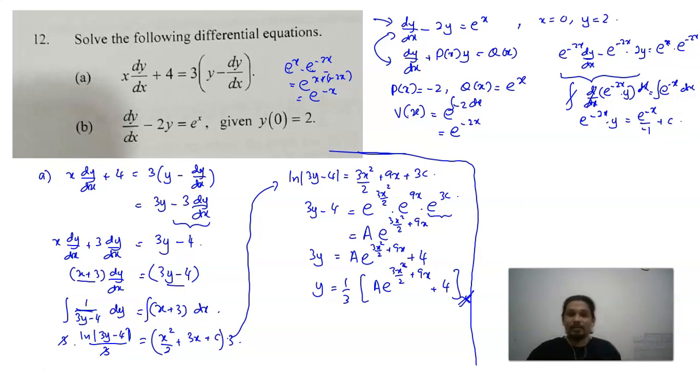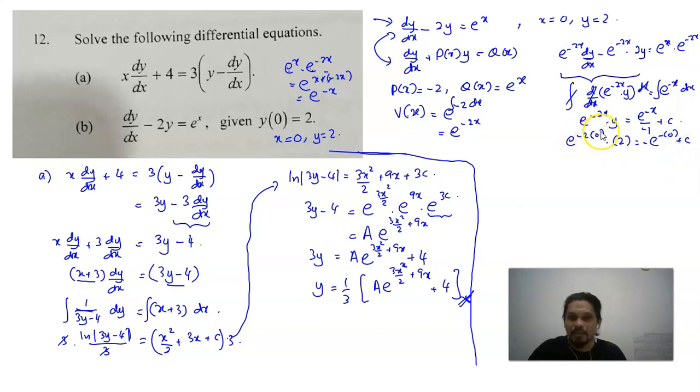Now let's use the value given here where x equal to 0, then y equal to 2. So this is e power of negative 2 times 0 multiplied with y equal to 2, and this is negative e power of negative 0 plus c.